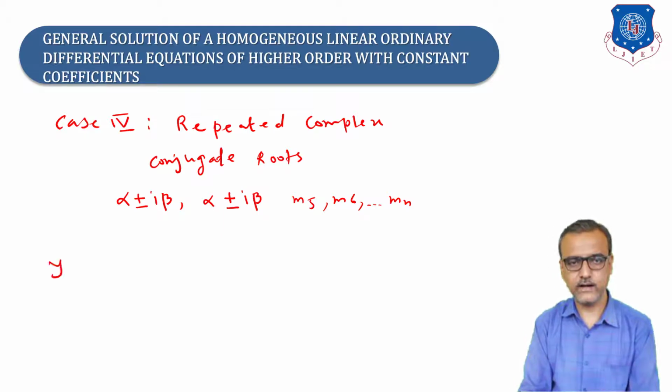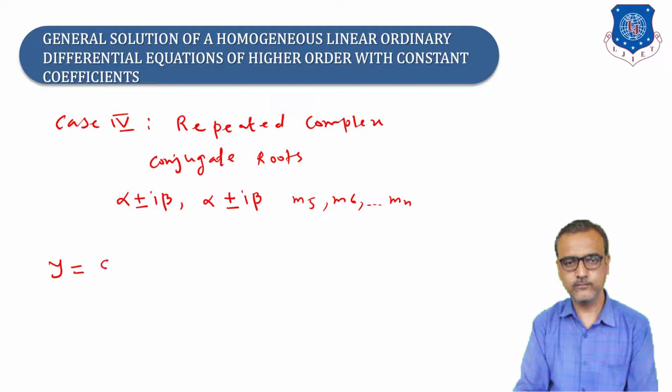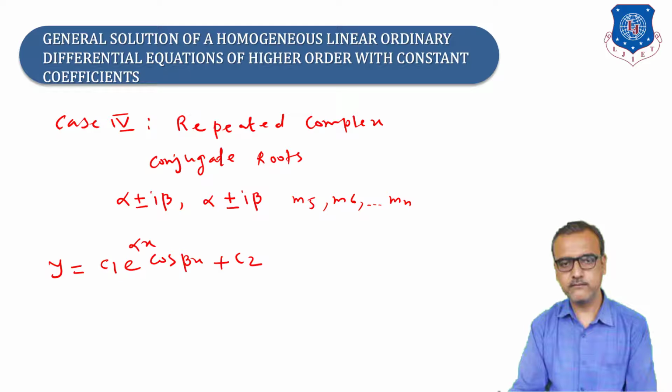So that is y equals c1 for the first root alpha plus minus i beta, e raised to alpha x cos beta x, plus c2 e raised to alpha x sin beta x.